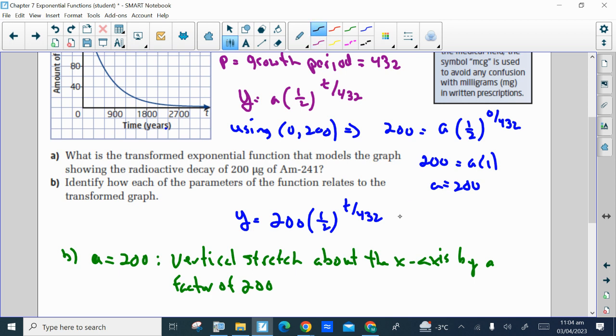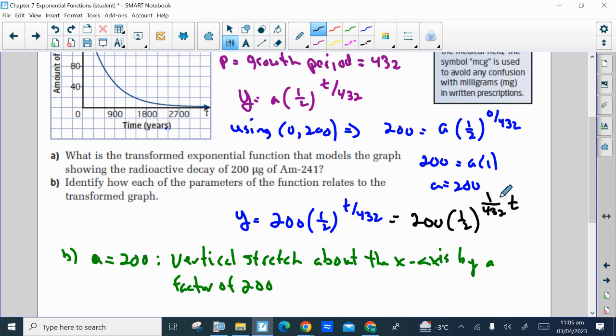So what you have to realize is that this is the same thing as 200 times 1/2 to the power 1 over 432 times t, or x. You see, if you make t a fraction by going t over 1 and you multiply top times top, bottom times bottom, you'll get t over 432. So that just shows us that in this case here, those two expressions are equivalent.